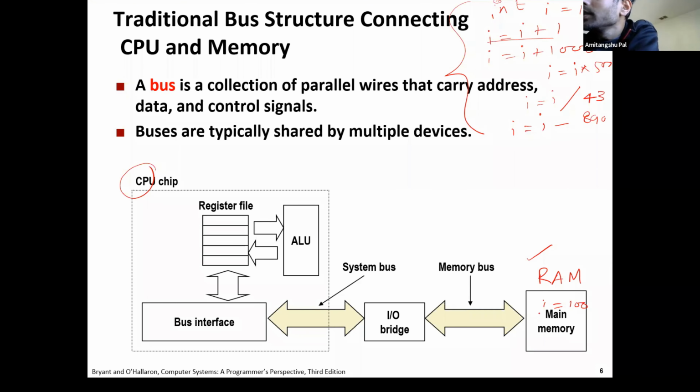This CPU will fetch this value I equal to 100 from the memory and store it in some register. Then the ALU, which is the arithmetic and logical unit, does all kinds of arithmetic and logical operations. It will increment the value of I from 100 to 101, and then store the value back into the memory. So this 101 is going to be stored.